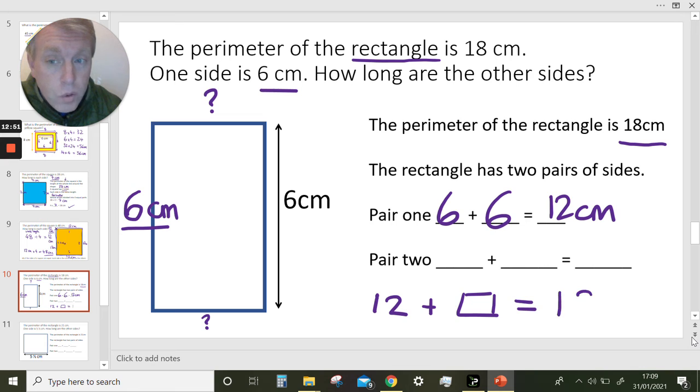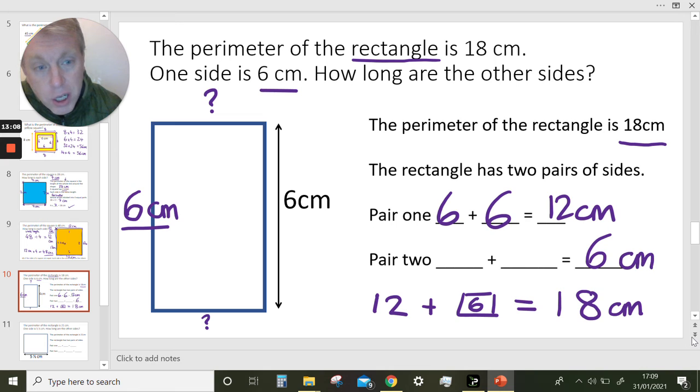But we know that all together it makes 18 centimetres. 12 add what makes 18? 12 add 6. 6 is the missing number for how much these 2 make altogether.